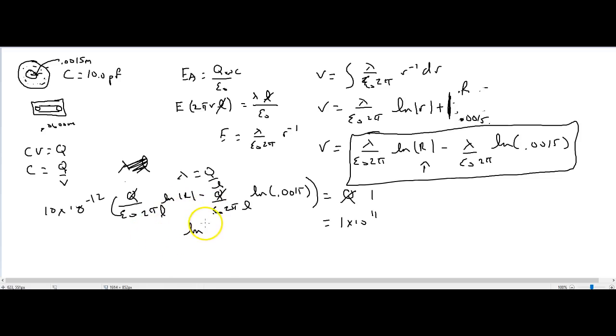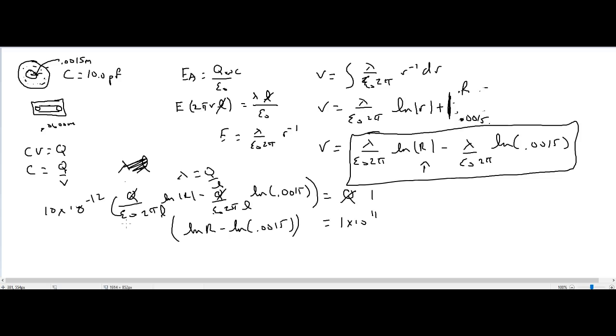So I get ln of R, which is going to be a positive number anyway, so I don't know why I was waiting so long to fix that. And then I'm going to pull out all this other garbage, which is essentially 1 divided by 8.85 exponent negative 12, divided by 2, divided by pi, divided by the length of the thing, which I lost track of somewhere in the pile.